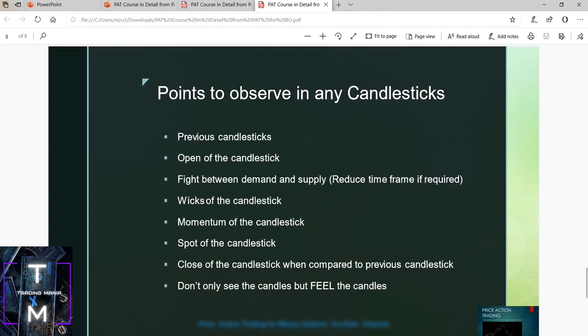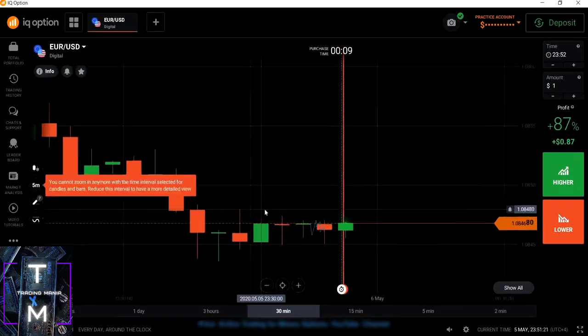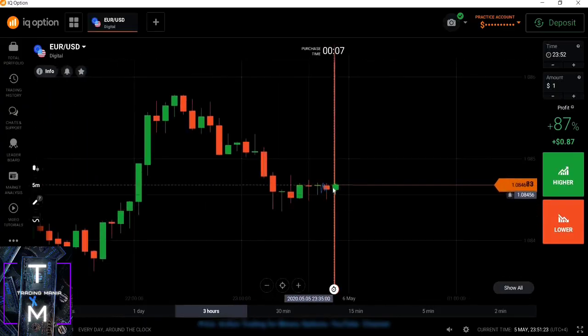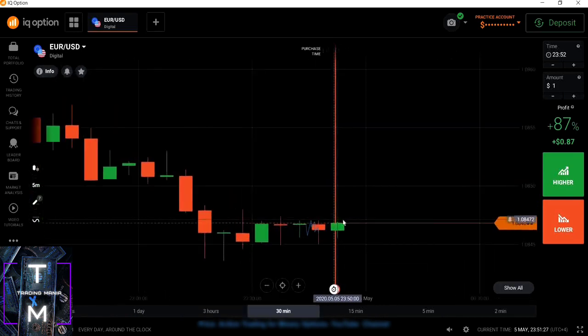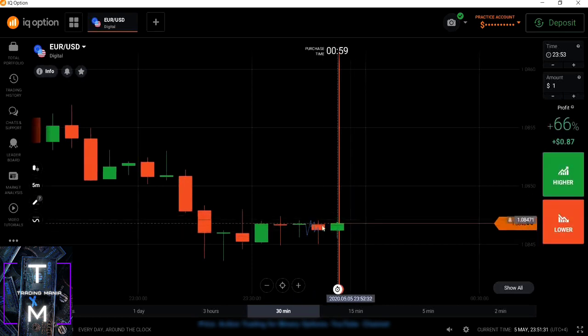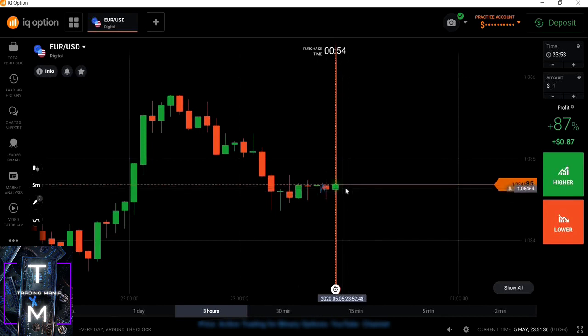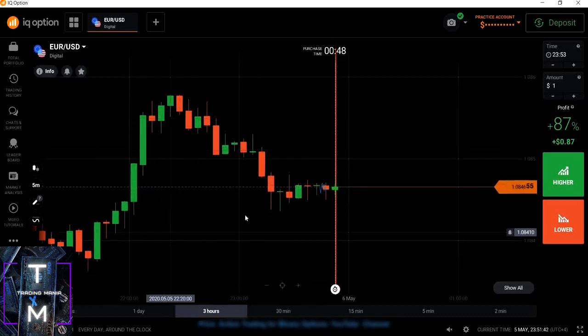Okay, spot of the candlesticks is another very important part. So when you see a candle, you should be able to pick out its spot. Now at this moment you will not be able to do that, but after we understand the SNR and trend, then you will be able to pick out the spot. But at the moment you can see where this candle is forming. Is it forming in the downtrend or in the uptrend?